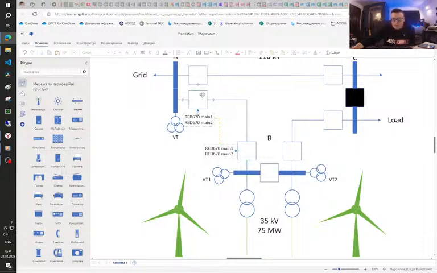From each side there are their own backup protection functions on the RED 670s with their own distance and ground overcurrent protections. And when this communication channel is in work, we don't use a blocking scheme. We use permissive schemes like POTT, not blocking schemes.